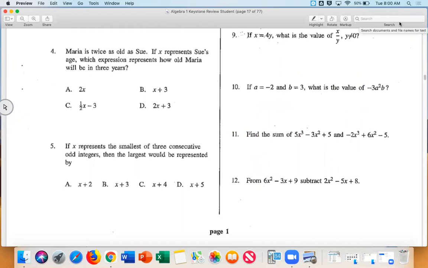Nate, what am I going to do in number 10? It says a equals -2 and b equals 3. What is the value of -3 times a squared times b? Very good. We're going to plug it in. But the trick with this is we have to plug it in parentheses.